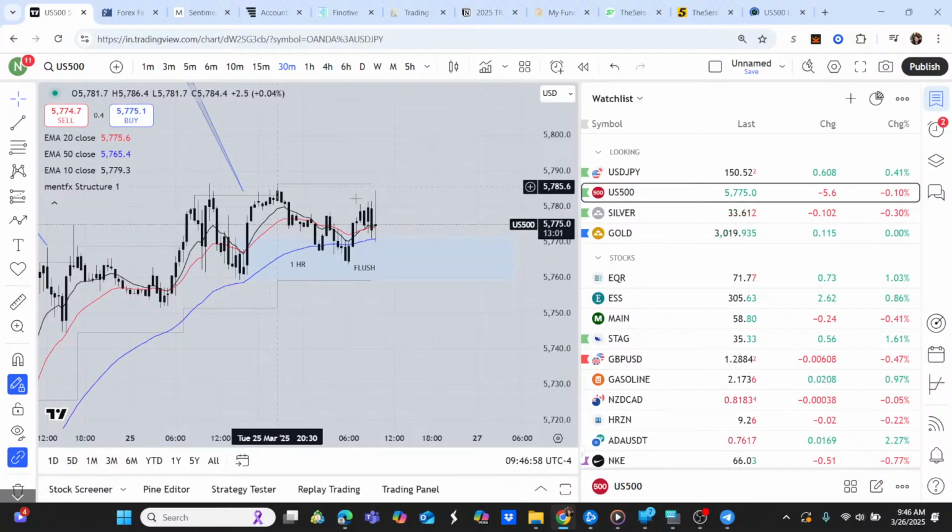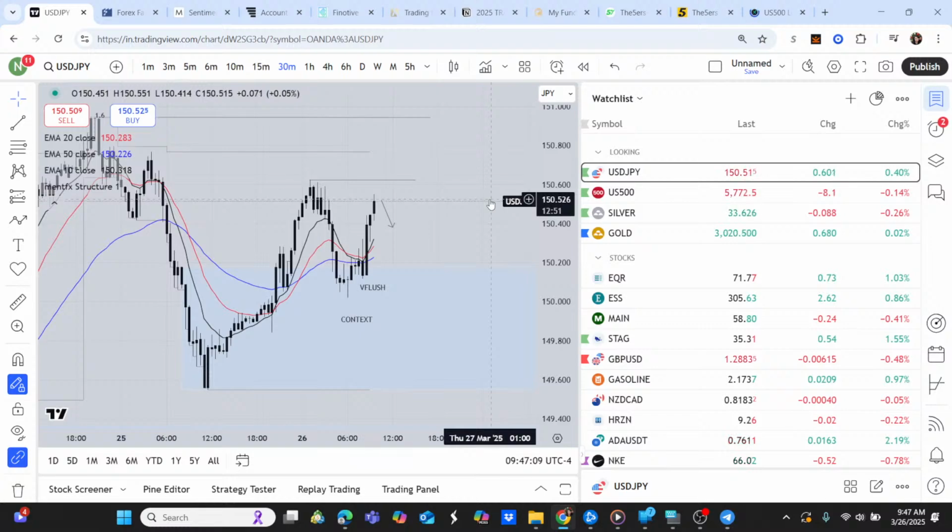Then US 500 is just in this chop area now. It's probably gonna just chop around until we try to leave out of this area. Meantime, I'm gonna take a look at some other markets while I'm waiting to see.